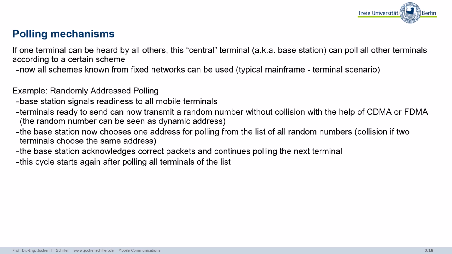This could be, for example, our scheme. And then I create, as a teacher, a list of these random numbers, list of terminal numbers, whatever. And then I pick one of the terminals, one of the students, and we have a collision. If randomly, this can happen, two students or two terminals pick the same random number. So that's one of the ideas.